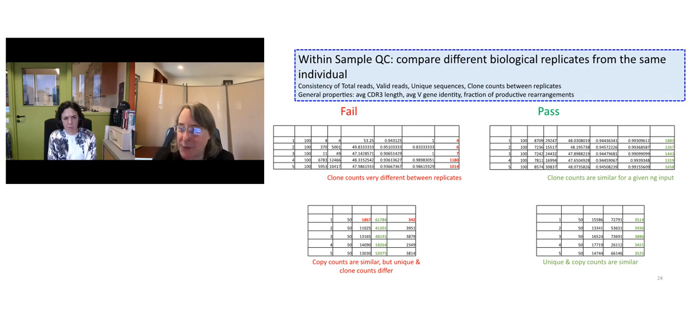So for example, on the right, it looks like the labels all disappeared, which is kind of annoying. Sorry about that. So on the right, the very rightmost column gives the clone counts, for example. And you can see in the run that passed, where we have 5 different replicates, all at 100 nanograms of input, that we have very similar clone counts. And we also have very similar metadata about those individual replicate libraries.